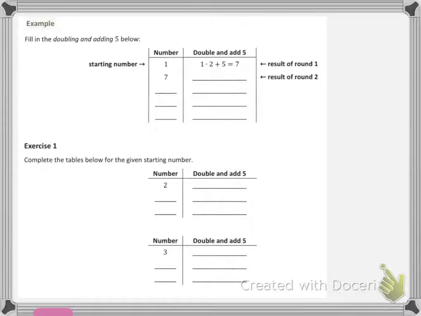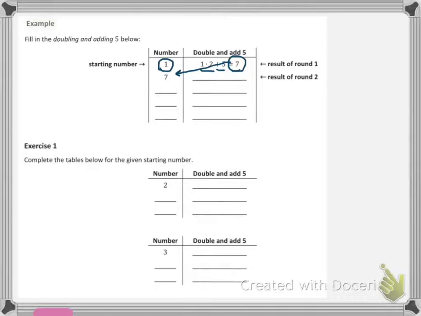We're going to start with our first number, which is a 1, and then we're going to double that, and then add 5 to it, and eventually we're going to get our result of round 1, which is a 7. And then that 7 is going to be the number we start with in our second round.